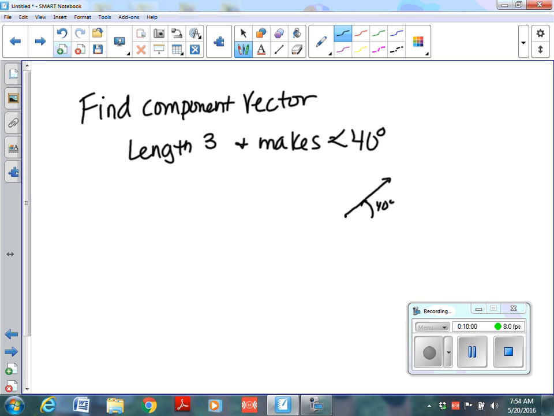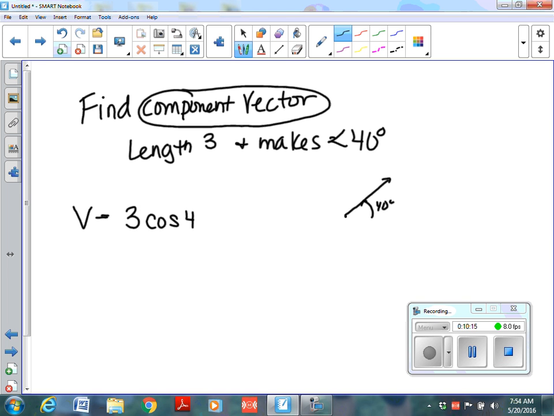So, if they want you to find the component vector, here's another way. The component vector is equal to <3 cos 40°, 3 sin 40°>.